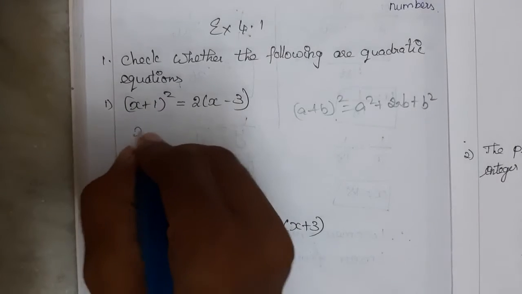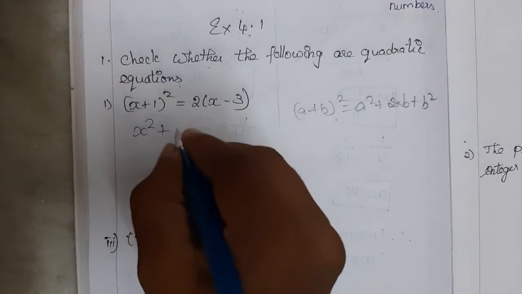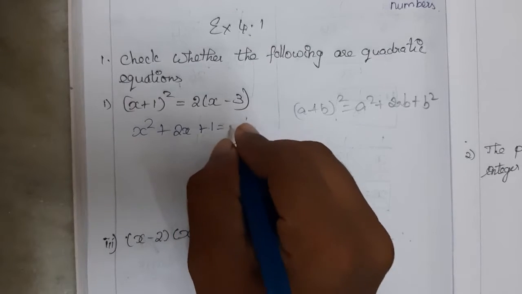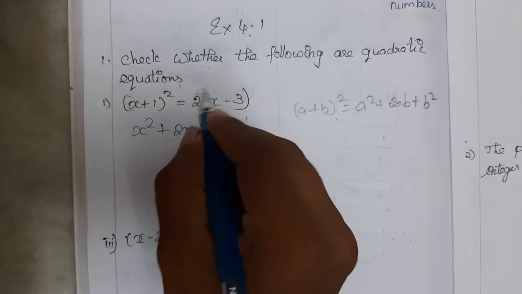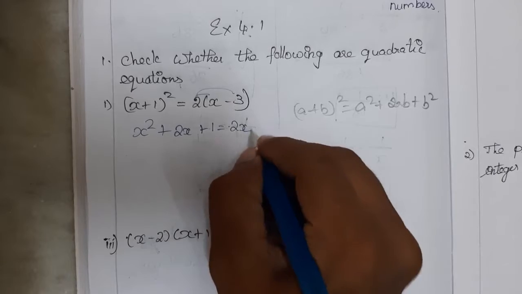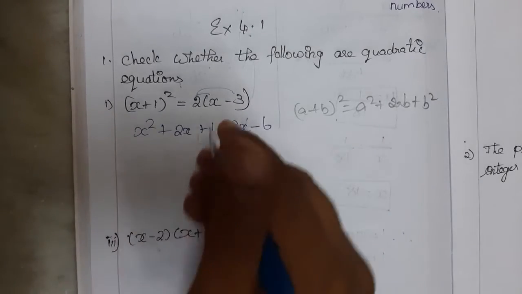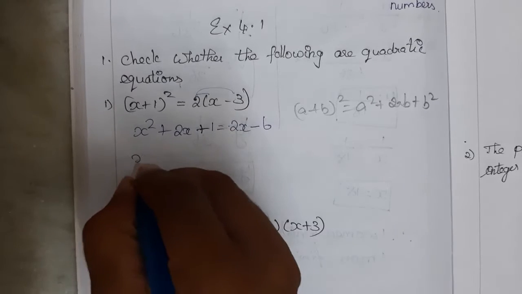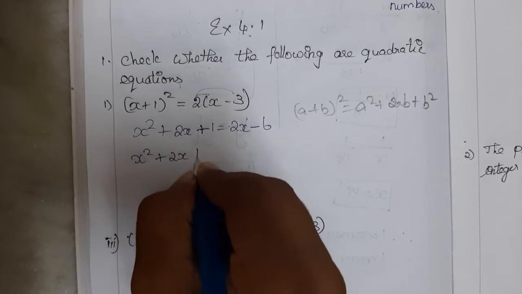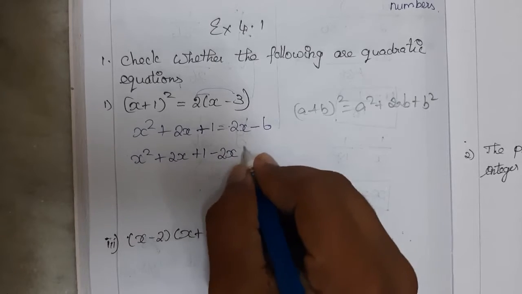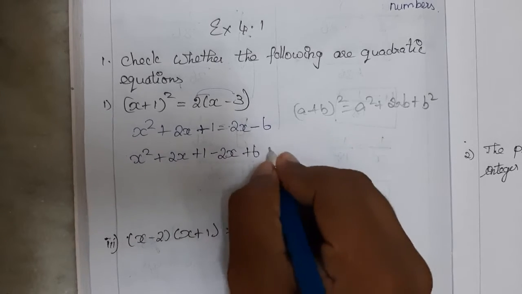So it becomes x square plus 2 into 1 into x, which is 2x, plus 1 square, which is 1. This is equal to 2x minus 3 (2 times that is 6, so multiplying out). Now bring it to this side and simplify.